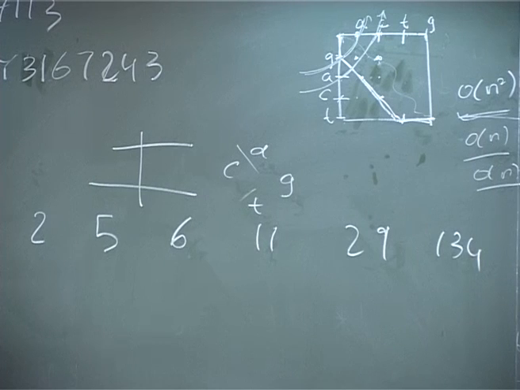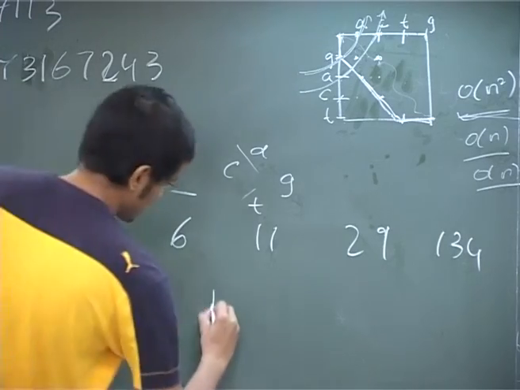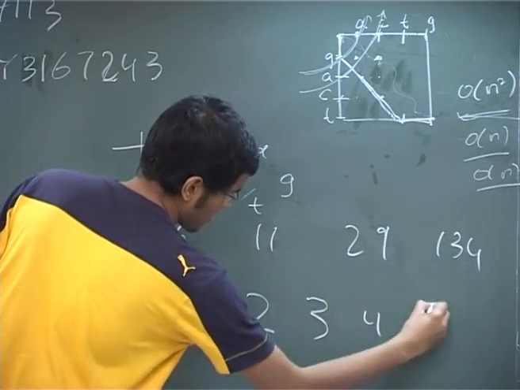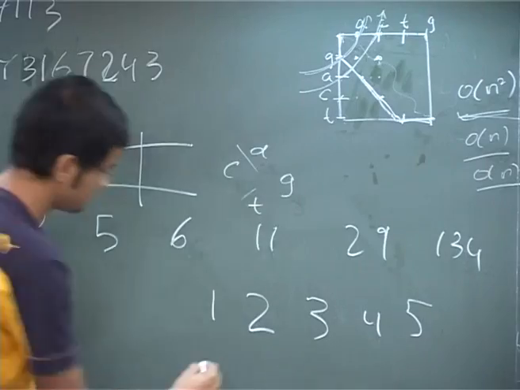Integer sort is a permutation of the first n integers. Say 5 elements are there: 1, 2, 3, 4, 5. Write down 1, 2, 3, 4, 5, and another permutation of the same 5 elements.